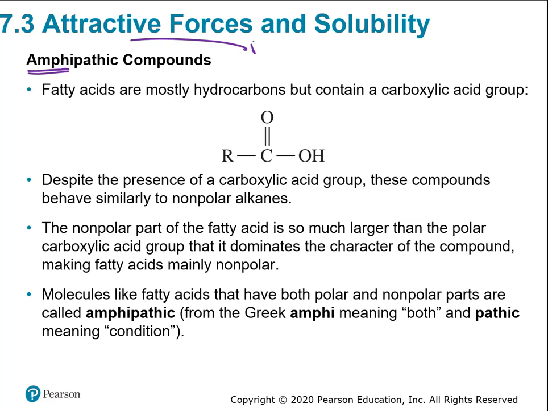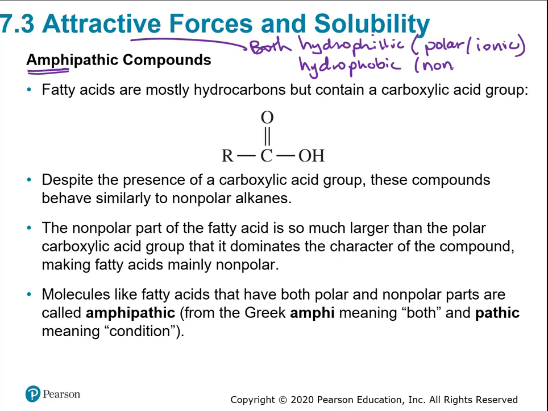So amphipathic is going to have an area that's hydrophilic, which is polar or ionic, and it's also going to have a hydrophobic region. Remember, the hydrophobic area is going to be the nonpolar long carbon chain. So it's going to have structures of both.